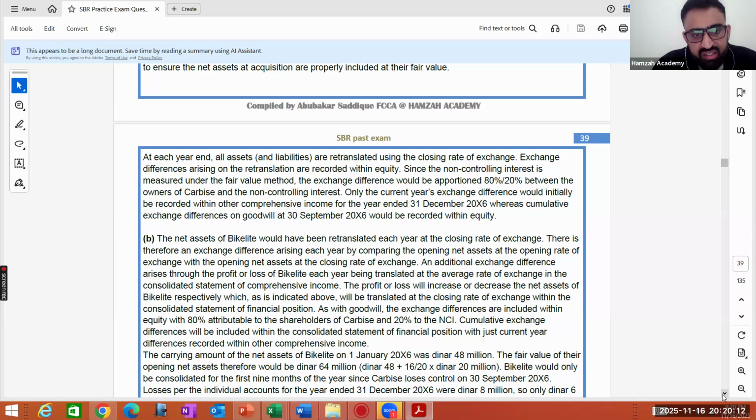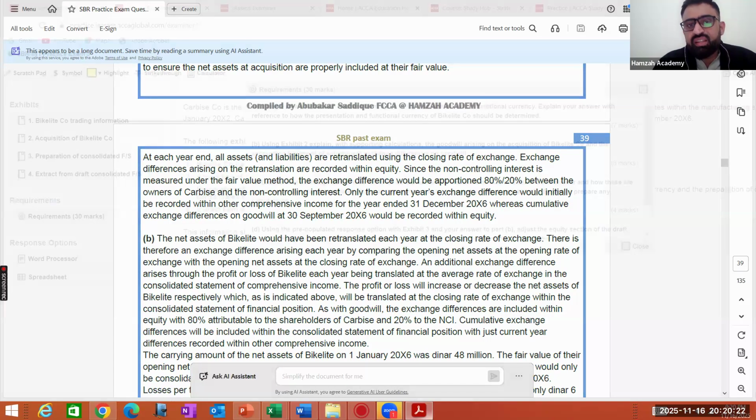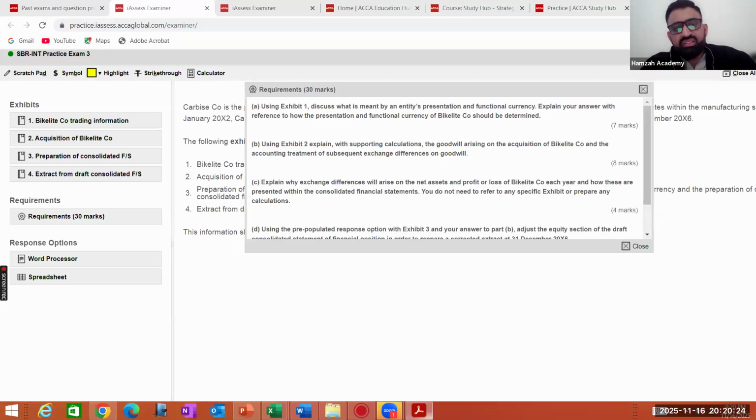So these will create exchange differences in the financial statement of the subsidiary, and those will be reported in other comprehensive income, and they will be distributed between group and NCI with 80 and 20%. And at the time of disposal, those differences will be reported to the profit and loss account. So that discussion should take place here.